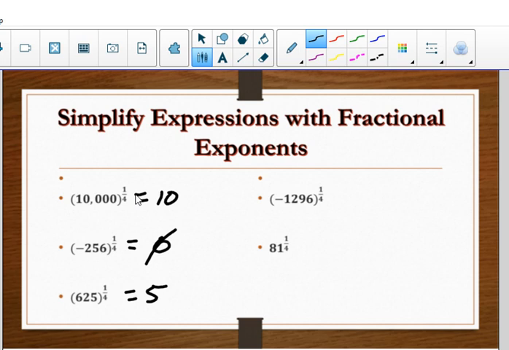Again, you can't have negative roots when you are dealing with an even index, so this is no solution. And then 81 to the 1/4 power would be 3.